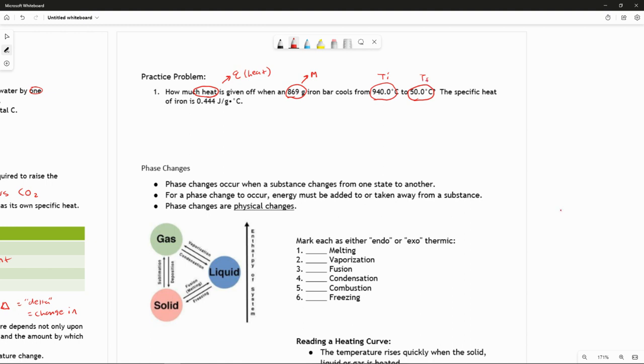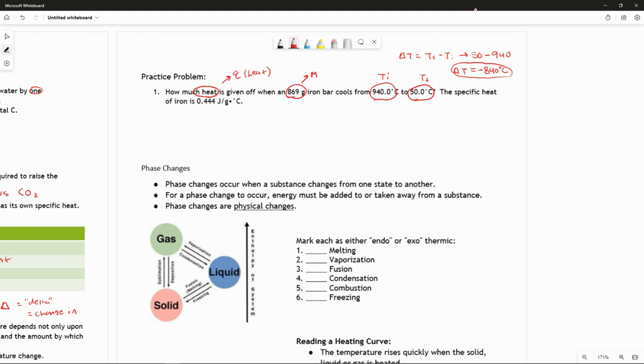Delta T equals temperature final minus temperature initial, so 50 degrees Celsius minus 940 degrees Celsius gives you negative 890 degrees Celsius. And that is your delta T.